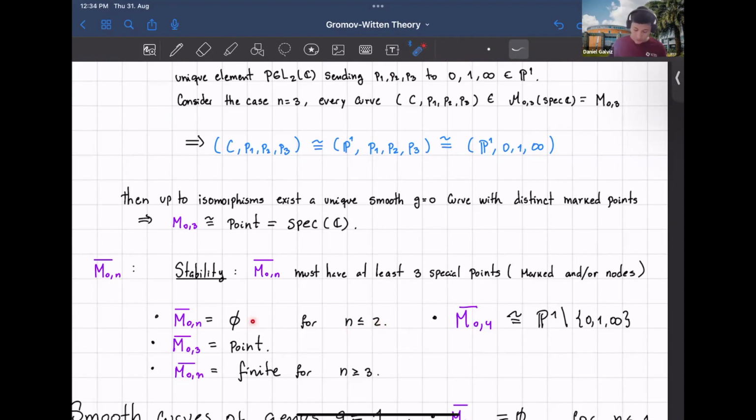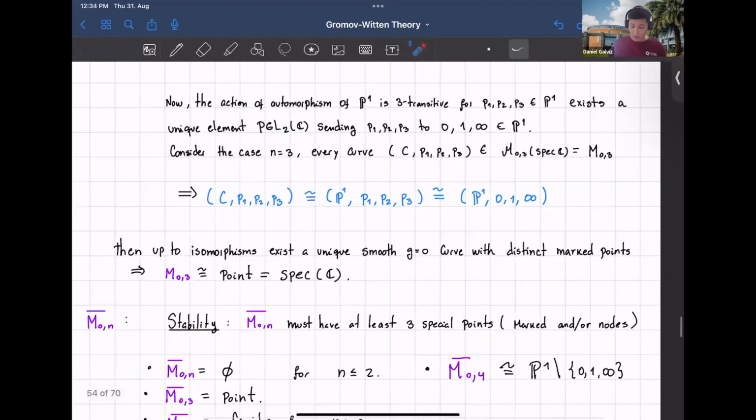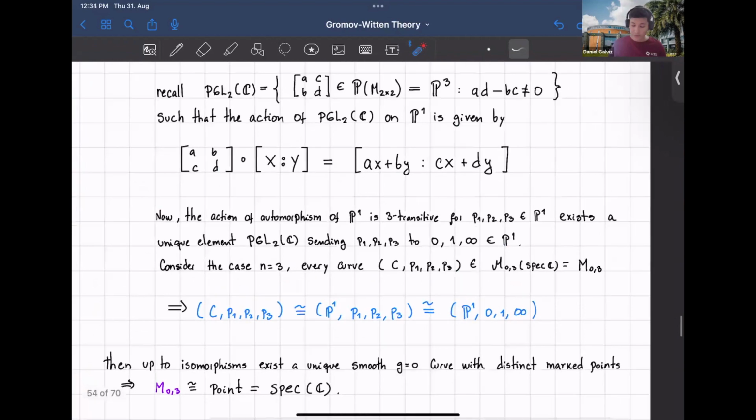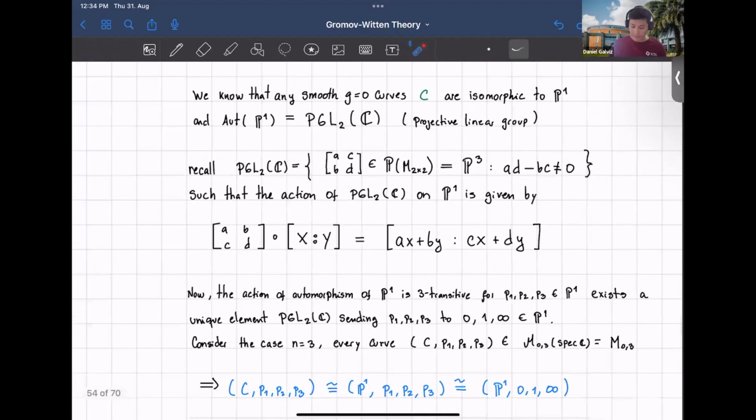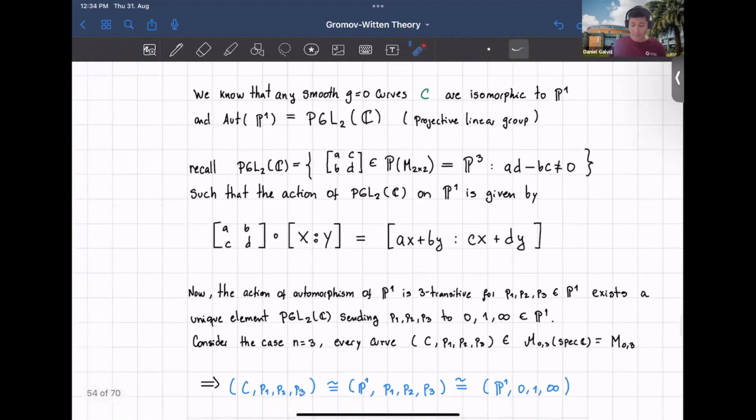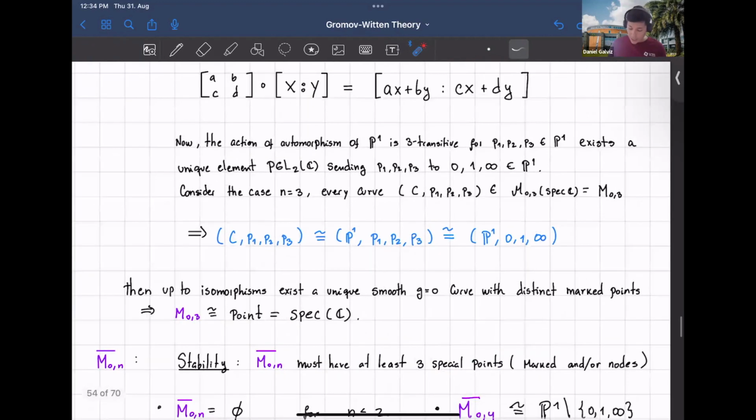We say that this is empty just in order to be well defined, we assign an empty space. Then for n equals 3, we already defined a point. I hope you get how we can calculate this moduli space. I don't have time to do more difficult examples, but maybe I give you this.